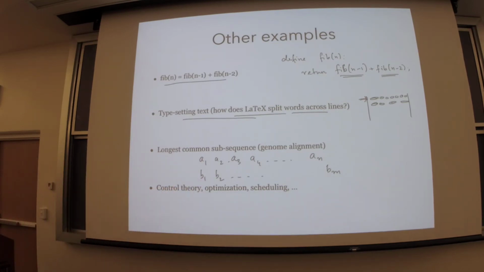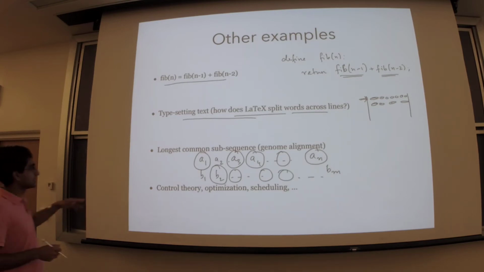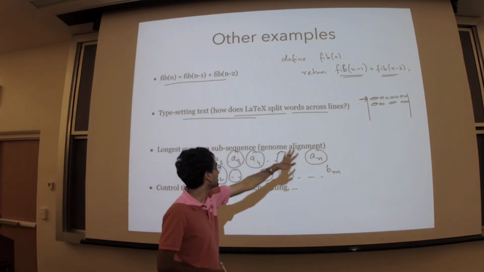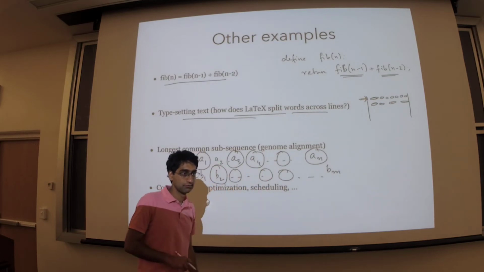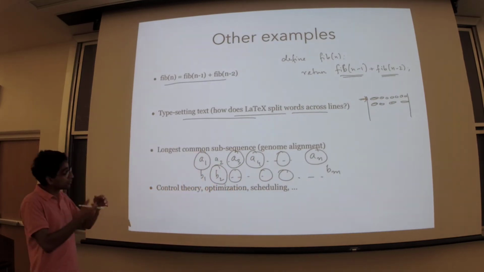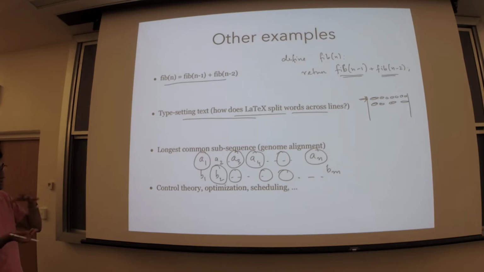You pick a subsequence like this, perhaps, and you find some subsequence of this one, such that if you only looked at these subsequences, they should be equal. And now the goal is to find the longest such subsequence.